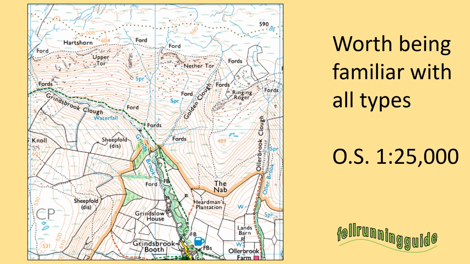If we look on the Ordnance Survey 1 to 25,000, then the public footpath, the public right of way, is shown as a green dash, and known paths on the ground are these very small little black dashes. And on this particular map, the contours go up in 10-metre intervals.